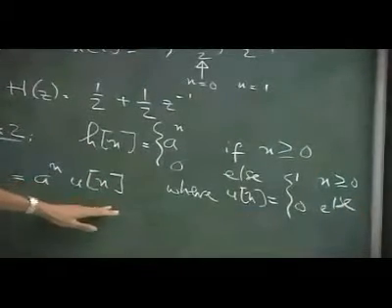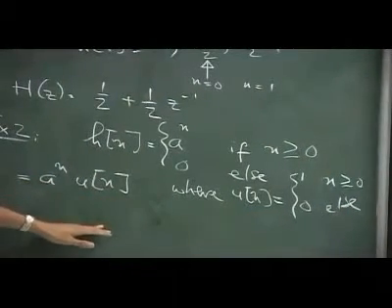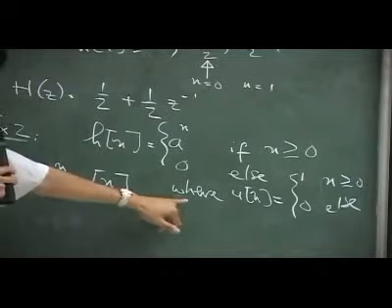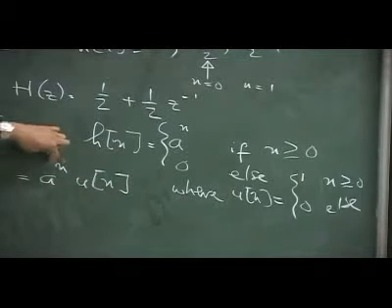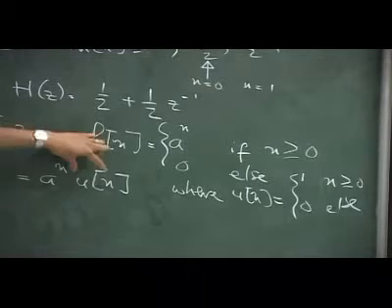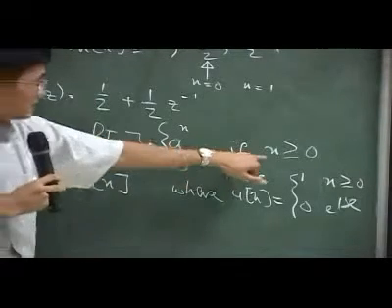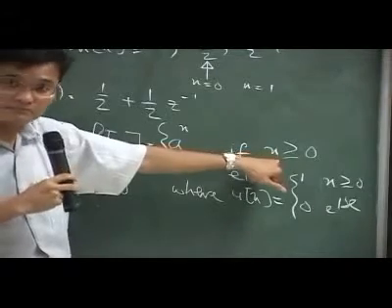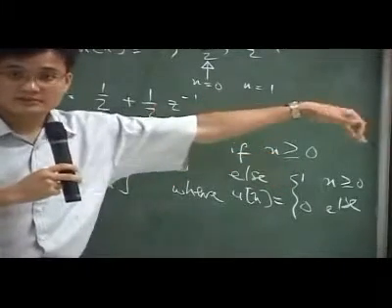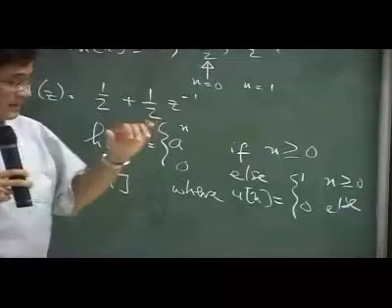Can you still see in the back? No? Okay. So for this signal, I have this a to the n, and I simply multiply with this cutoff signal, which only lets the signal through from n equals 0 towards infinity. Okay? So I have that signal.